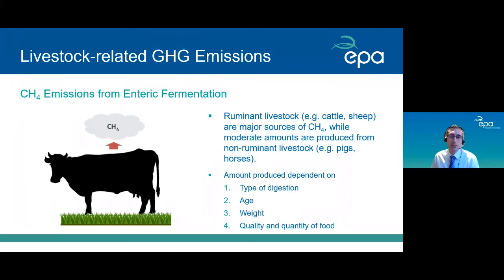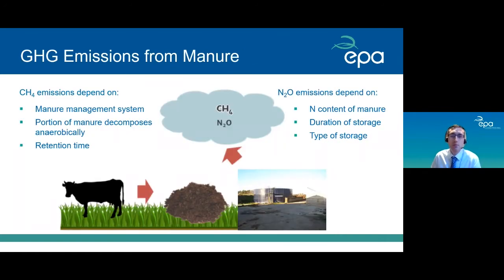These are a function of the physical characteristics of the animal, as well as the quality and quantity of food intake. A second important group of emissions arises from the manure from the animals and the storage and management of that manure. First of all, there are methane emissions that arise from anaerobic decomposition of the manure.